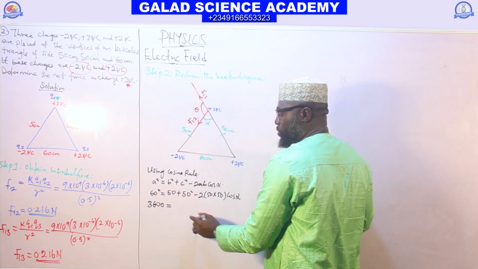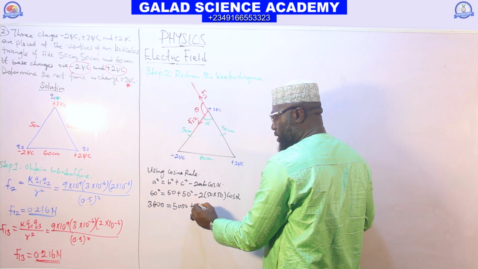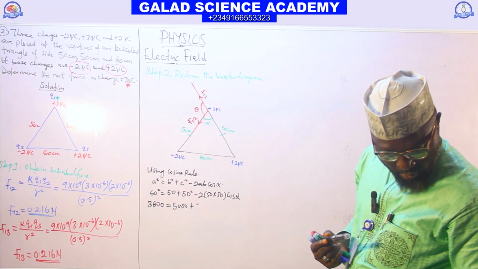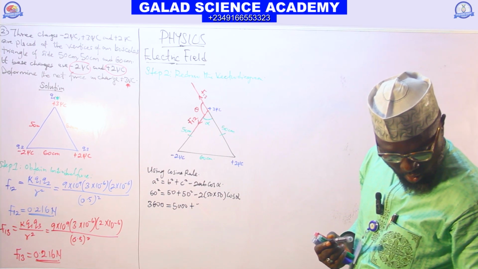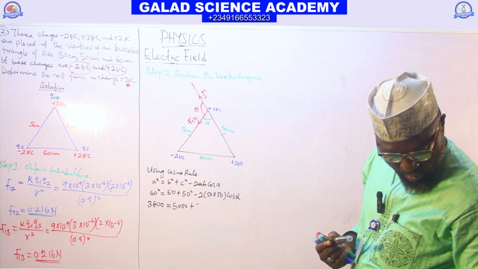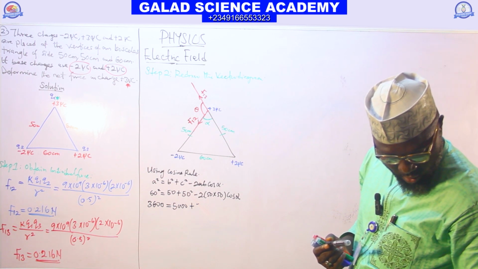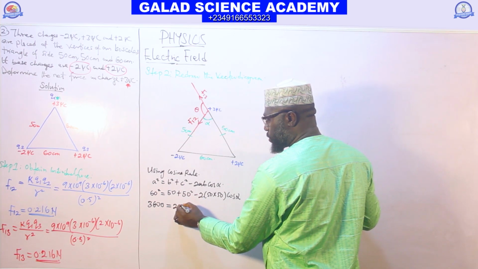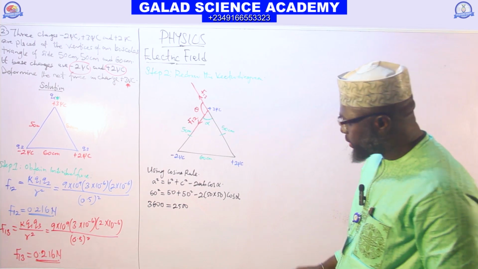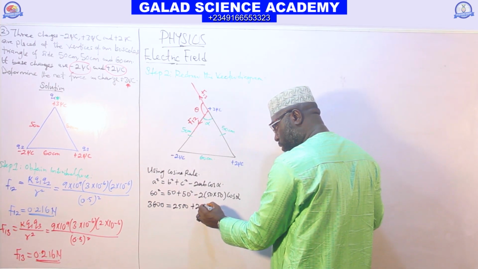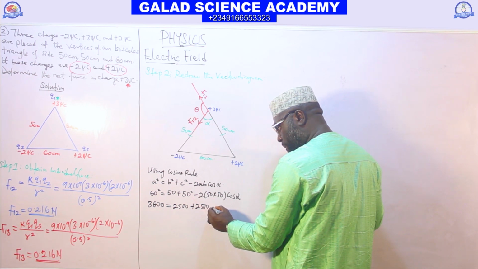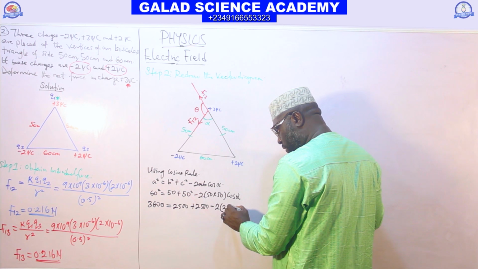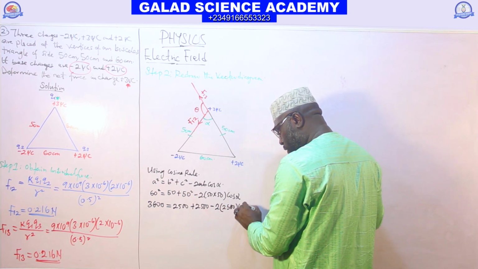And what is 50 squared? 2,500, plus another 2,500, minus 2 times 2,500 cos alpha.